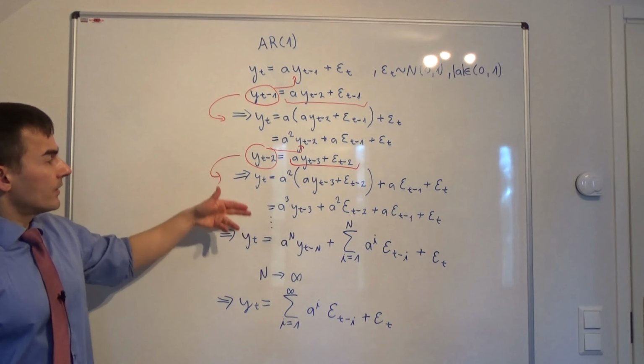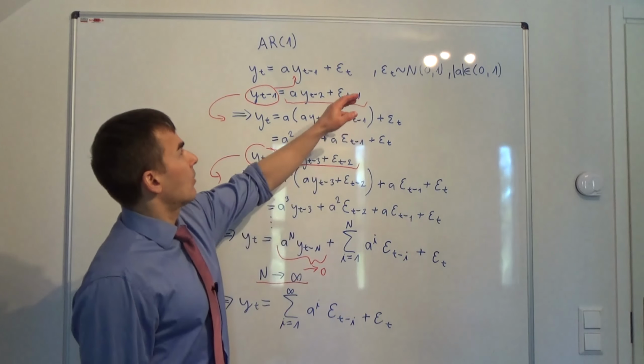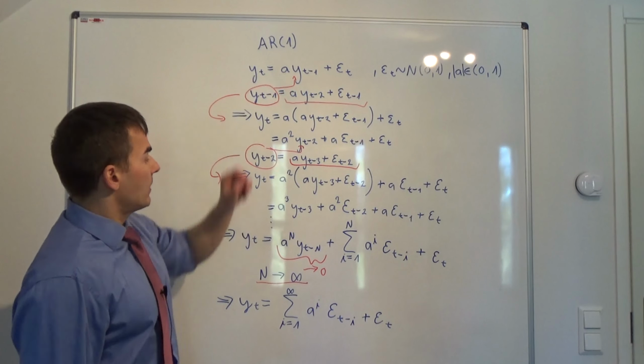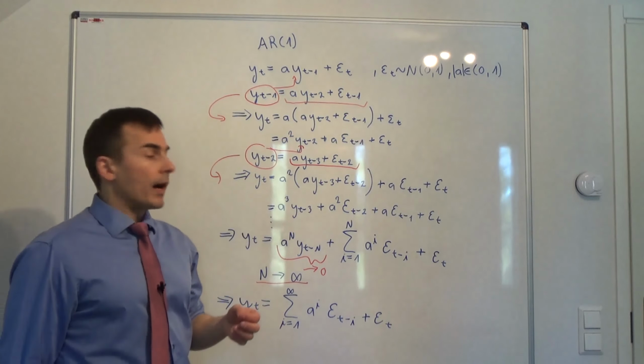Now, as capital N goes to infinity, what we have here, this is 0. So if we have a number, let's say 0.9, if we take a process that has the autocorrelation coefficient a equal to 0.9, in the first iteration, a squared is 0.81.